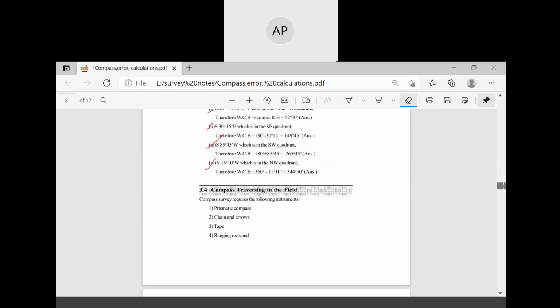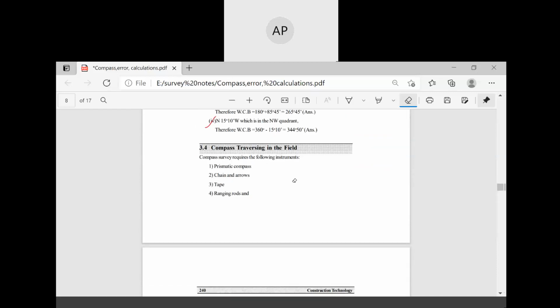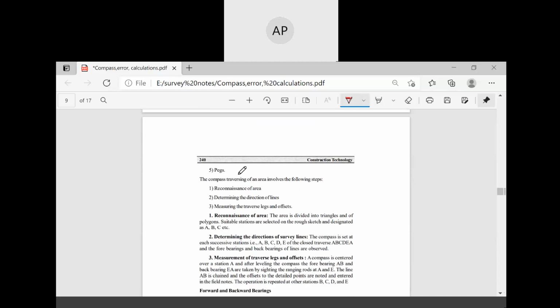Next is compass traversing in the field. So, what are the instruments required for compass traversing? One is prismatic compass, chain, arrows, tape, ranging rods, and pegs. For the compass traversing of an area, first you have to do reconnaissance of the area.